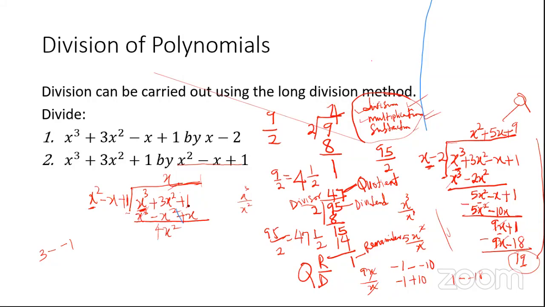Then you have to be very careful. Look at this. There is no term in x here. I told you when there's no term, it's the same thing as having 0x. Assume you have 0x.